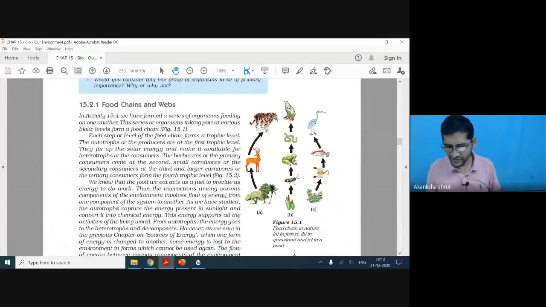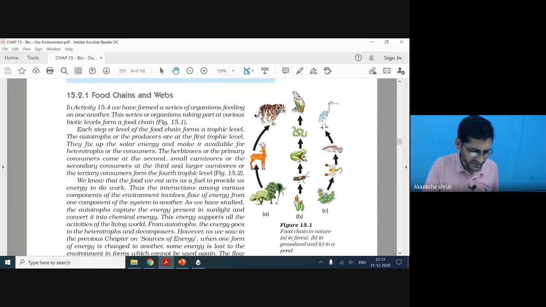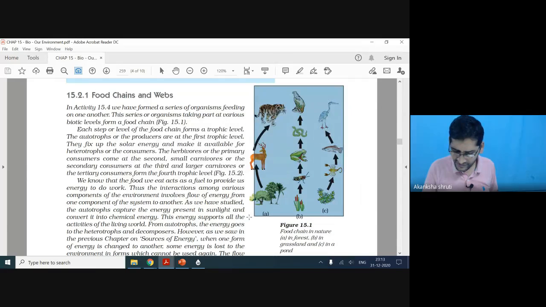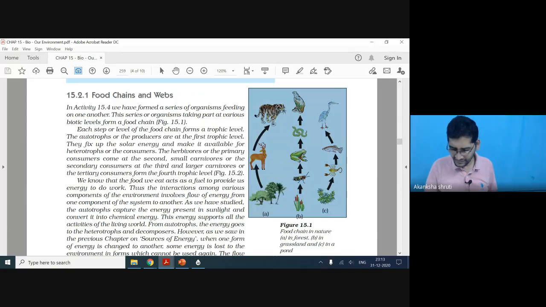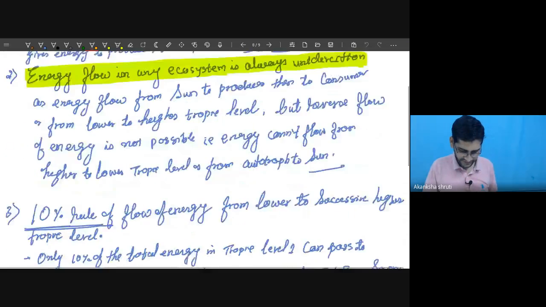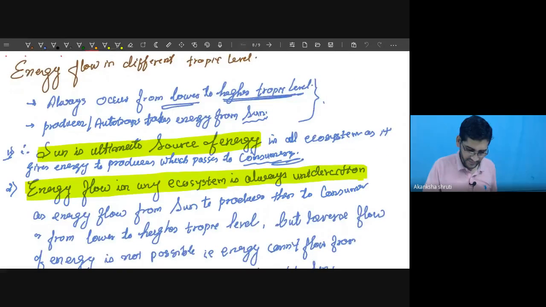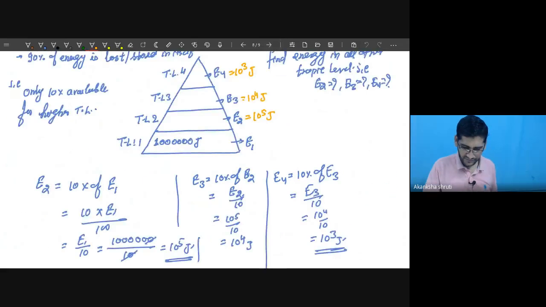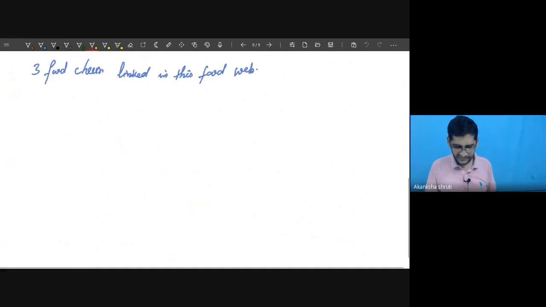So are you getting? These are different food chains. These are the food chains. Where is our food chain? Okay, leave it.